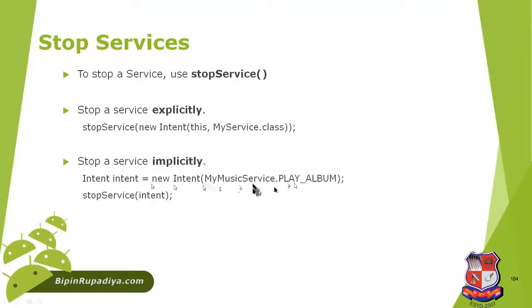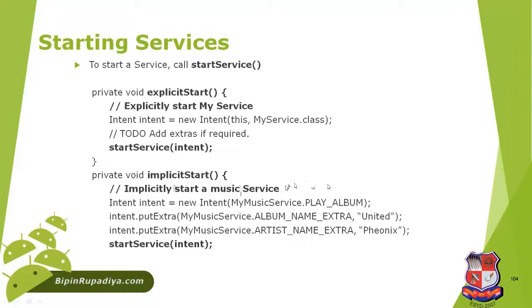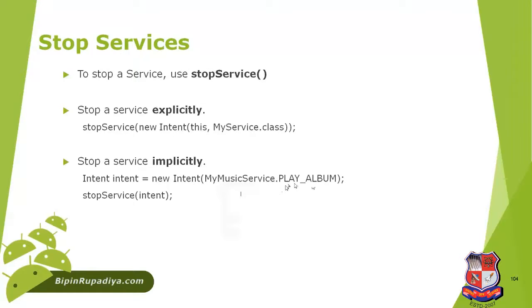Just see MyMusicServices.playAlbum, which we created previously. Whatever instance of intent you have started, that needs to be stopped, whether it was created explicitly or implicitly. Is it clear? Please confirm.